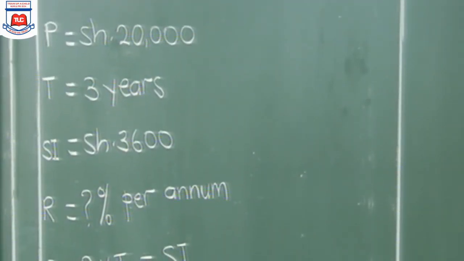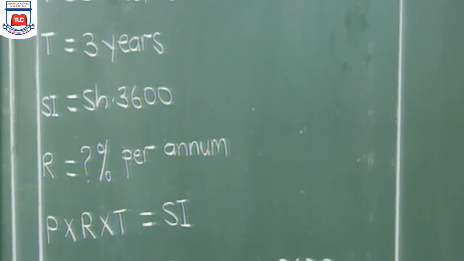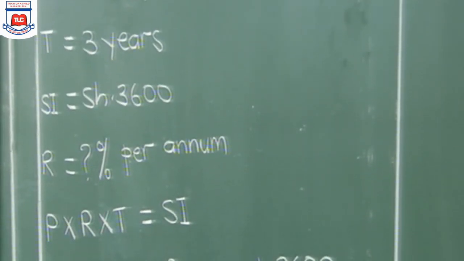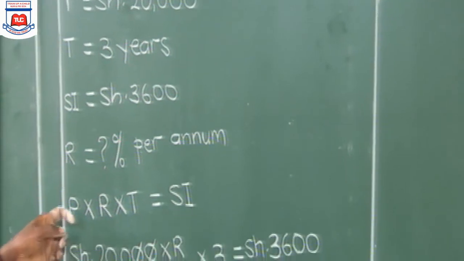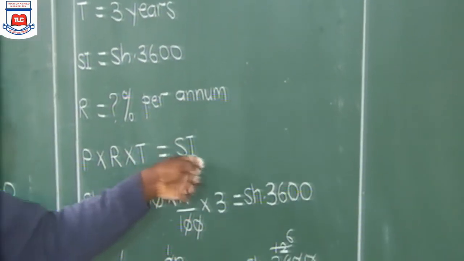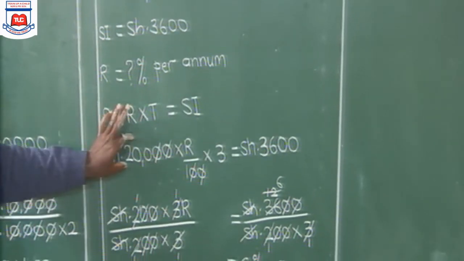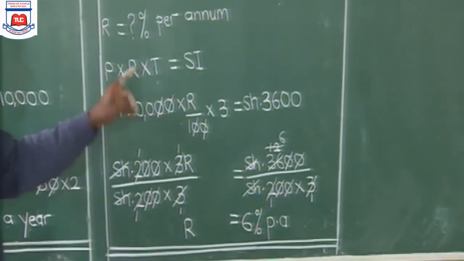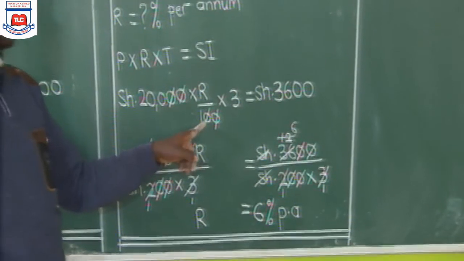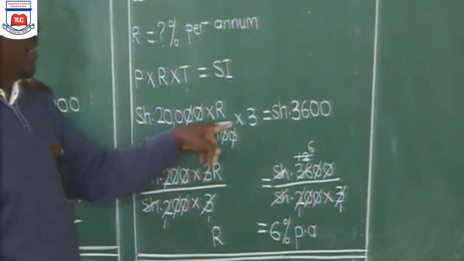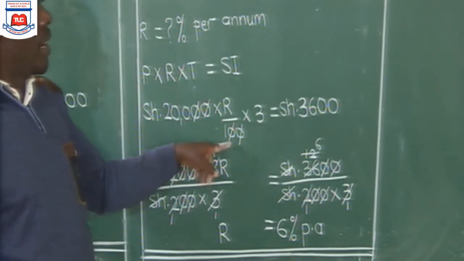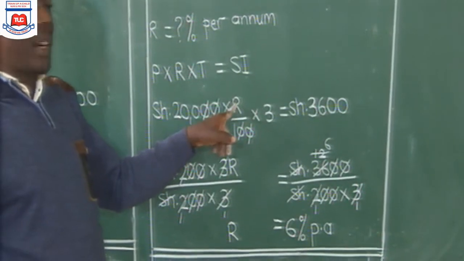After that, you work within the simple interest formula, but written the other way around, ending with the simple interest. Thus, we say principal times rate times time is equal to simple interest. Substitute accordingly, 20,000 shillings principal times R out of 100. When you're finding the rate, being a percentage, write it out of 100. We need the value of R only.